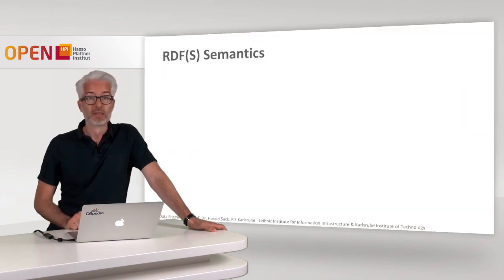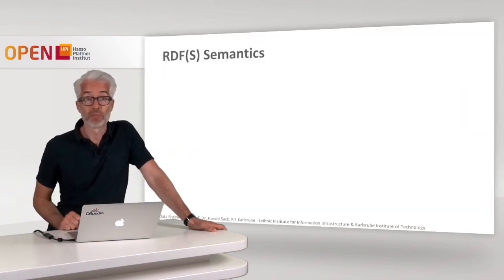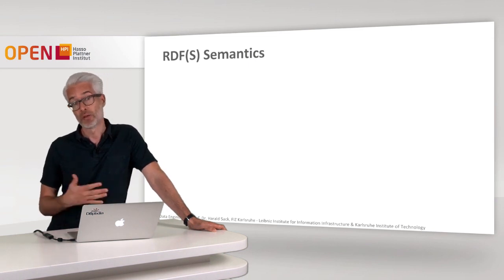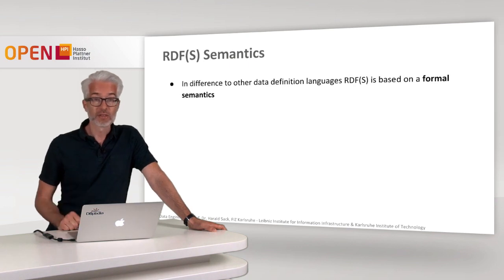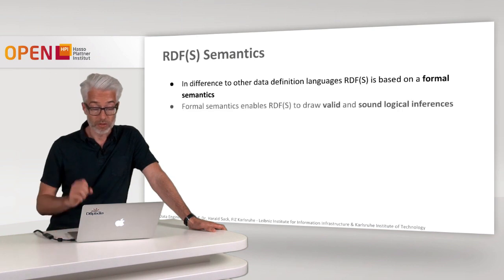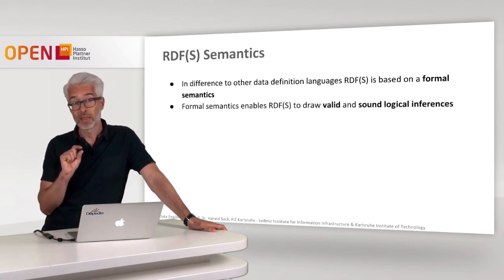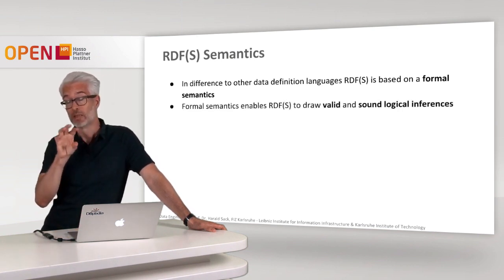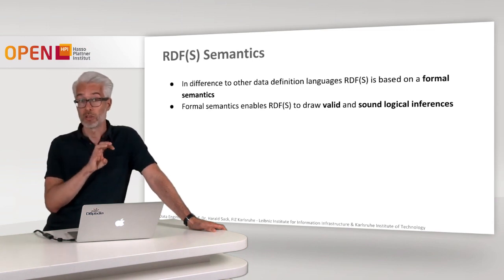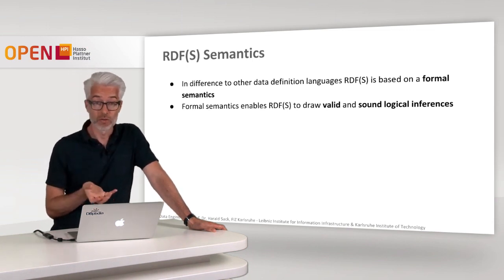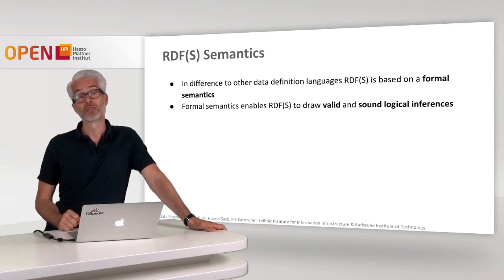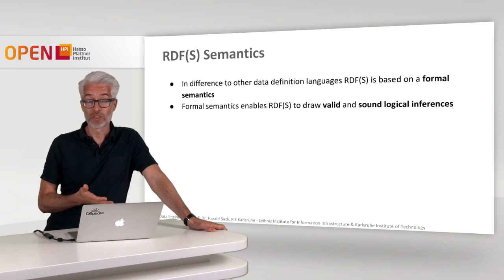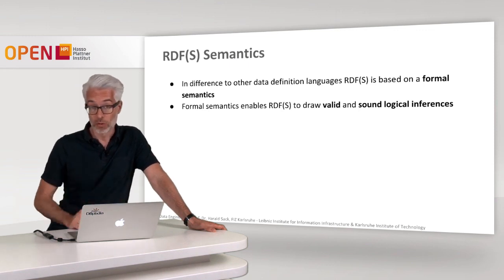Okay, so what's so special about RDFS semantics if you compare it to traditional data definition languages? In difference to them, RDFS is based on a formal semantics, which is really, really important. Simply because a formal semantics, a formal mathematical model, enables RDFS to draw valid and sound logical inferences from given knowledge, to create new knowledge which is valid, which really holds.